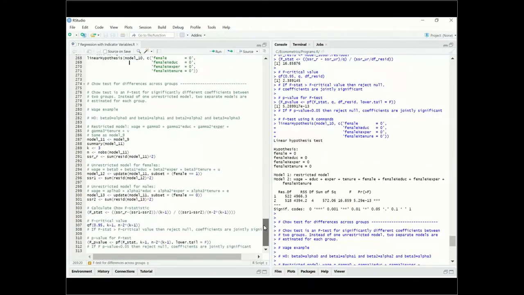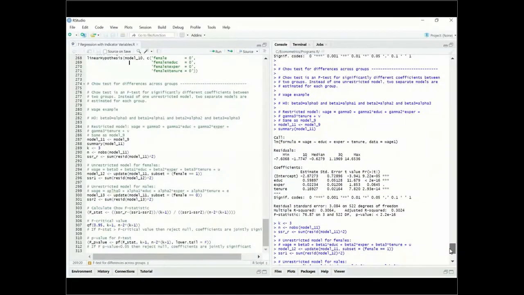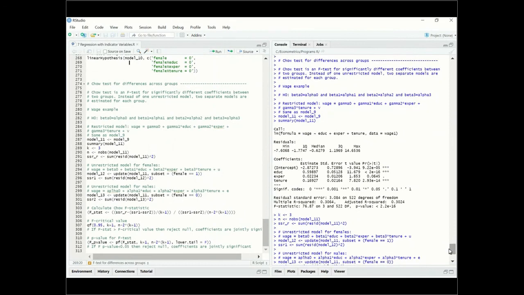Okay, so the last thing that we will do here is we will do a Chow test for significant differences across groups. So what we did before with an F test, we can do it using the Chow test. So Chow test is effectively an F test for significantly different coefficients between two groups. So instead of estimating one unrestricted model, two separate models are estimated for each group.